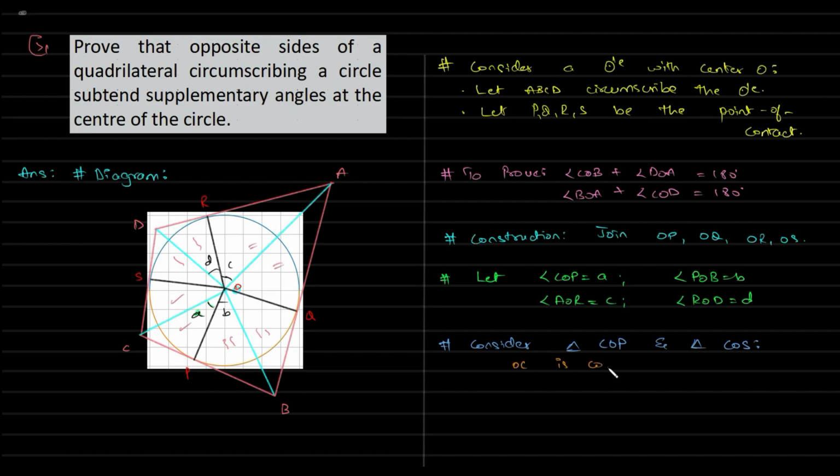OC is common. Then angle OSC is equal to angle OPC, which is 90 degrees, since radius and tangent are perpendicular to each other. Then OS is equal to OP, they are radii.